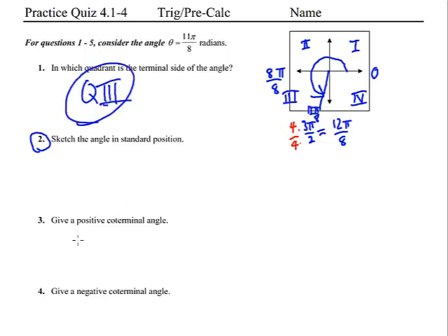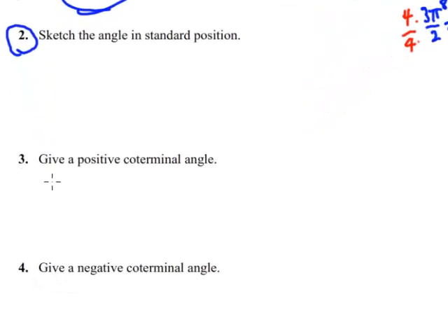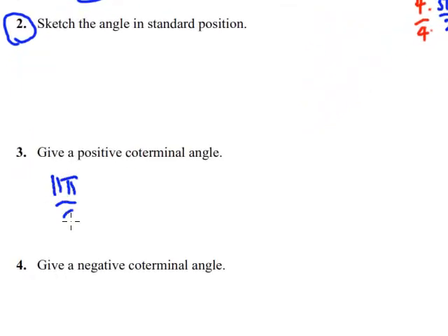Give a positive coterminal angle. Well, that means I'm going to go around one more time. If I go around one more time, I'm going to take my 11 pi over 8 and add one full circle, which is 2 pi. And I can do that by getting a common denominator. I need an 8.